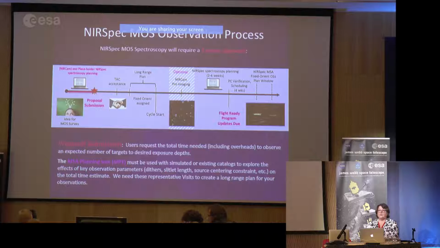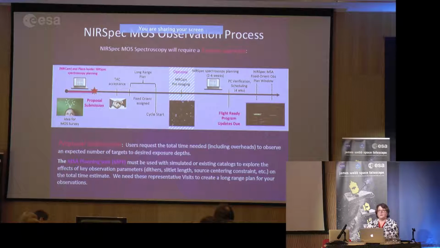The reason that you will want to use the MSA planning tool is that you have to request an exposure time. The exposure time that you determine, the overall requested time, will depend to a great degree on your observation strategy. So you'll want to explore all the parameters of the MSA planning tool in order to see what works best for your science.